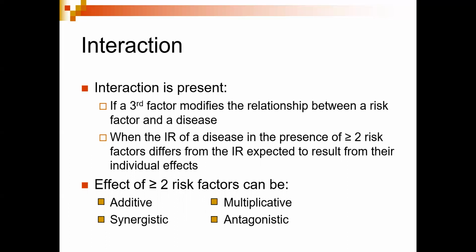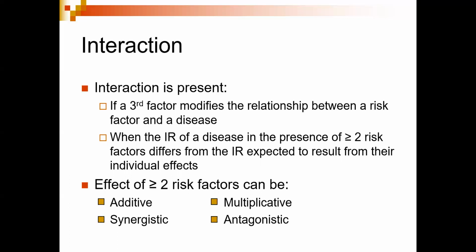In this case, for example, let's say we are looking at the incidence rates of a disease in the presence of two risk factors, which differs from their individual effects. So what we are saying by interaction is also called effect modification.